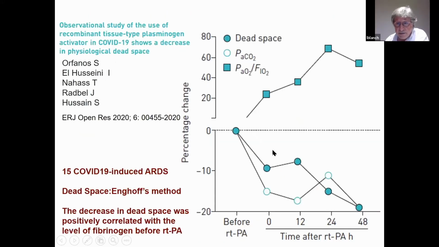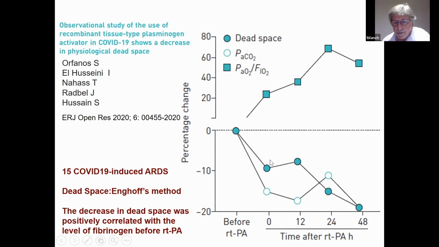In that condition, I took from the literature this interesting paper asking: if there is microthrombosis in COVID, what happens if these authors induce fibrinolysis using recombinant tissue-type plasminogen activator? And this is what happened. This is before fibrinolysis. This is the percentage change, and you see here dead space and also PaCO2, and the time after treatment with recombinant plasminogen activator.